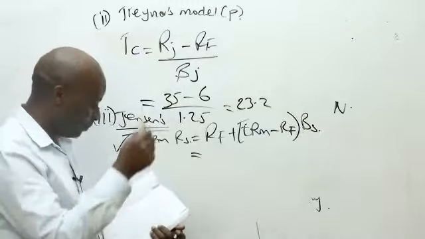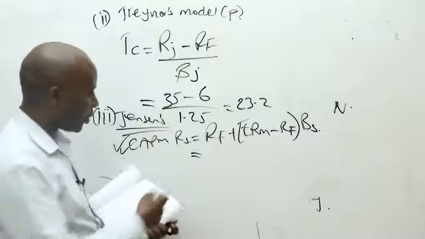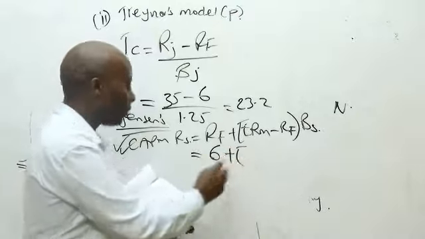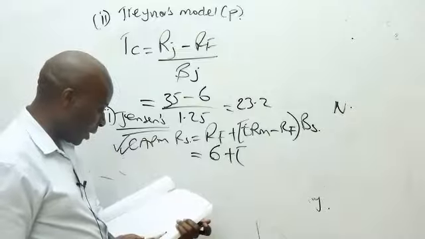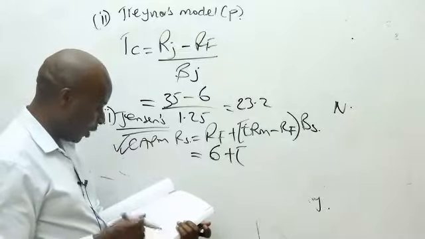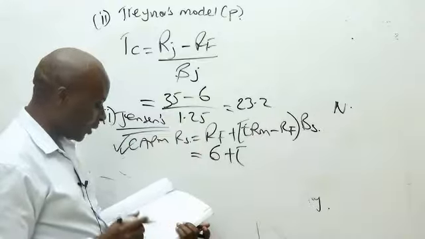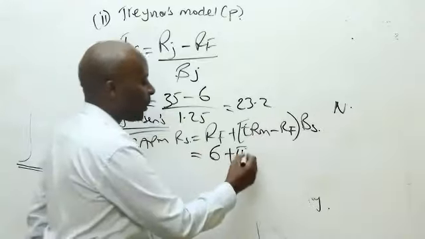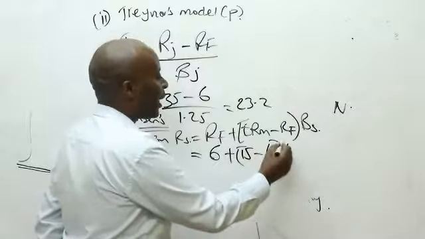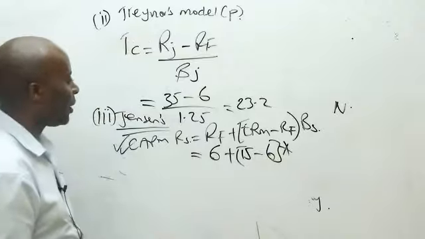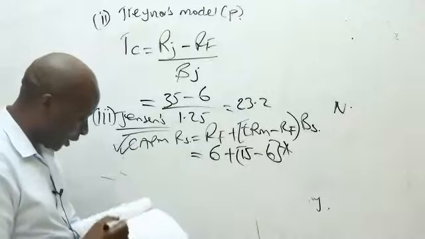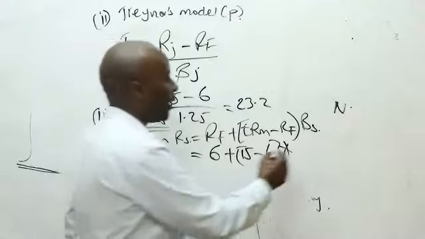So CAPM returns for P. I'm working only for P continuously. The risk-free is 6. The returns of the market, these people must have given us somewhere before. You'll be able to see the average market return is 15. So we have 6 plus 15 minus 6 multiplied by the beta of this security, P, which is 1.25.